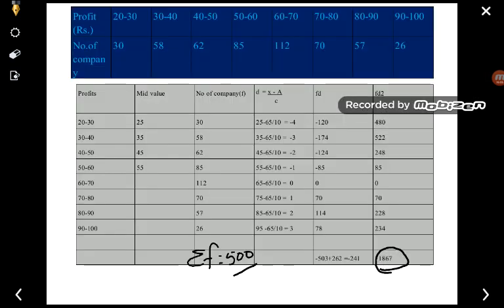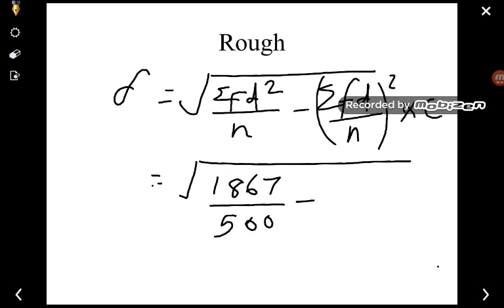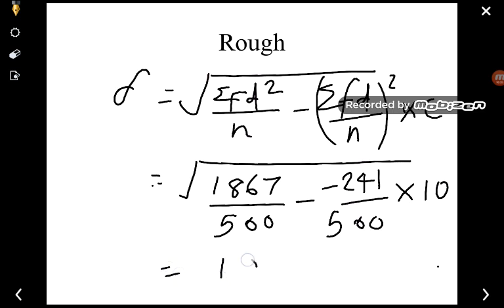The summation of fd is minus 214. So we have to write that inside the formula: minus 214 divided by 500, into the class width, that is equal to 10. So when we calculate all this, we'll get the answer as 18.71.